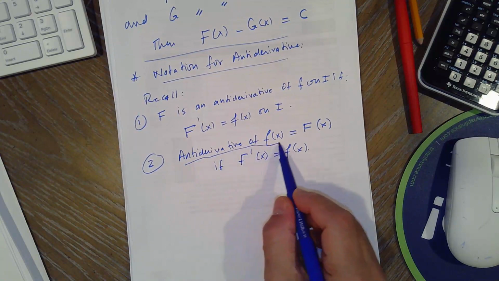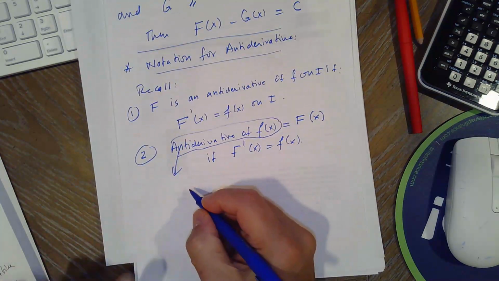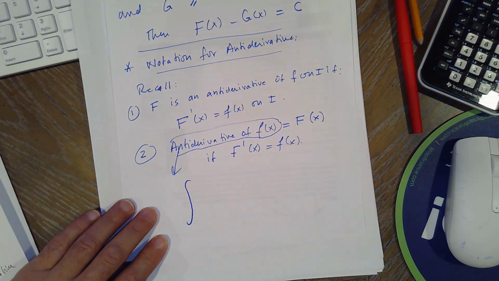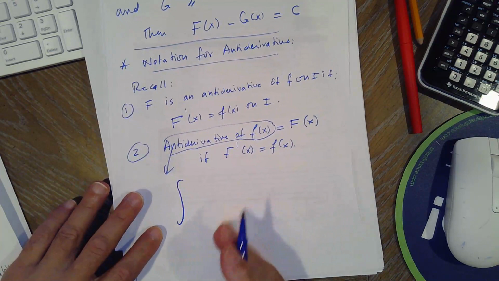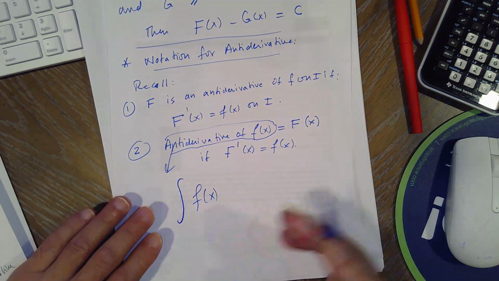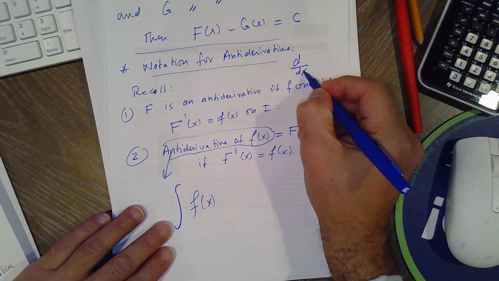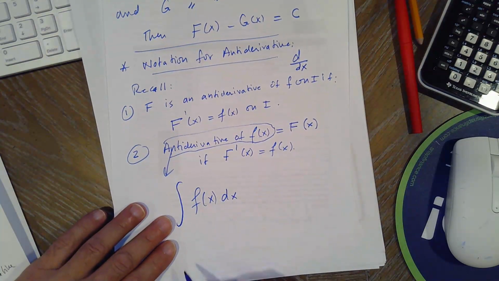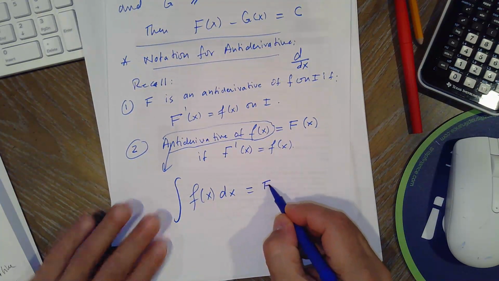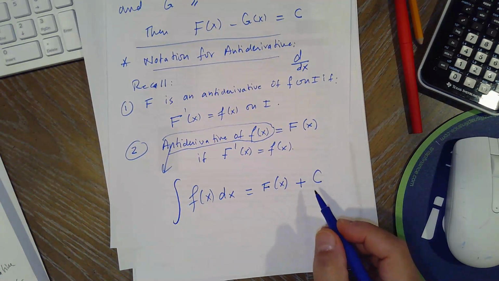So to write the antiderivative of little f, we use this. It's like a stretched S. It's the antiderivative, or later on we're going to call it the indefinite integral of little f of x. Now when we do a derivative, we say it's the derivative with respect to x. Same thing here. dx means the antiderivative with respect to x is big F of x plus c.